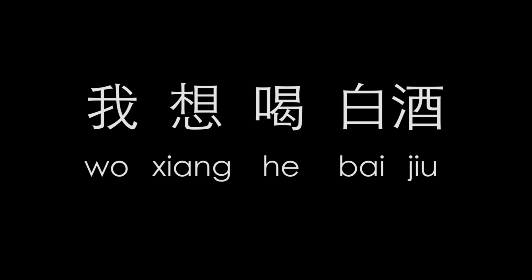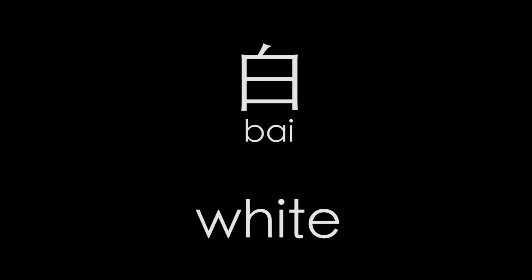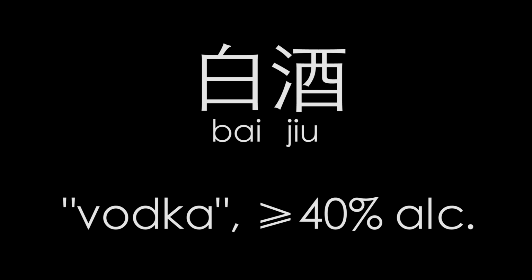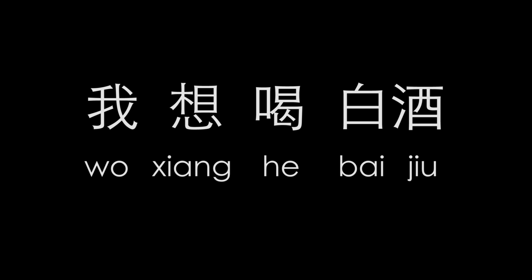我想喝白酒。Then I say, 我想喝白酒. I want to drink the 白 drink. 白 that means white. The white drink, or 白酒, is a kind of Chinese vodka with 40 or more % alcohol. Good stuff. 我想喝白酒.